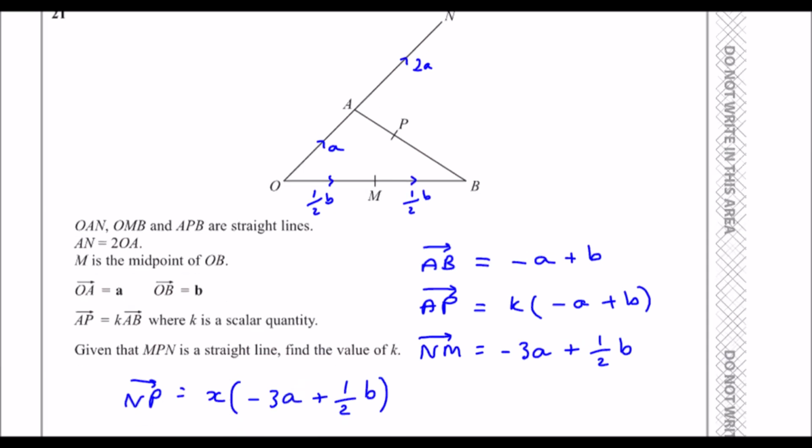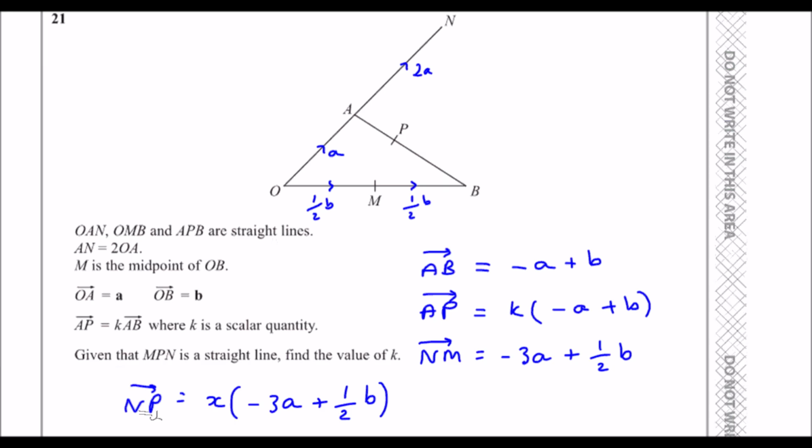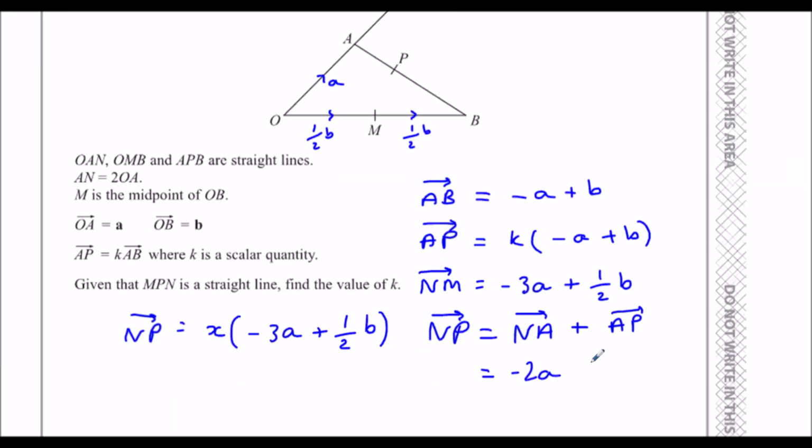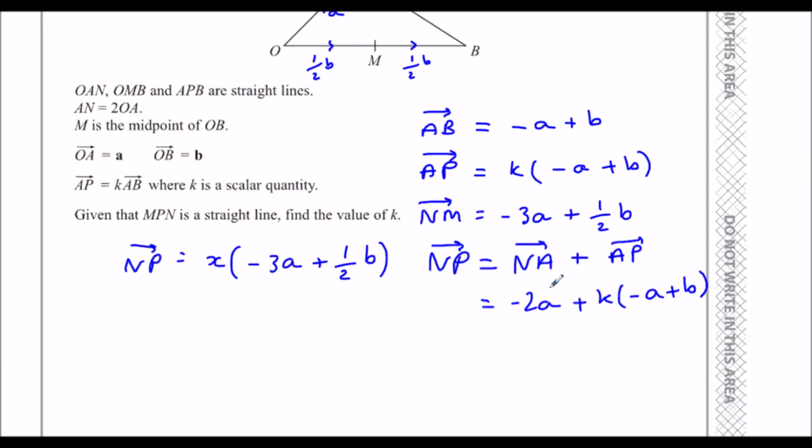And N to P is also, if I went from N to A and A to P. So N to P is minus 2A plus A to P, which is k times minus A plus B. So I've got two different expressions for N to P, so they must be equal.